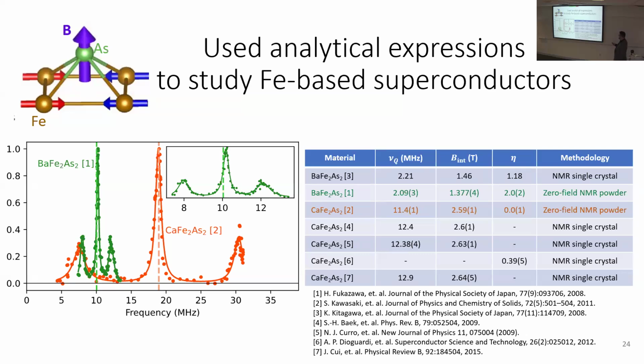You can do it with high field NMR with an externally applied magnetic field, but it complicates matters a little bit. You have to find the transition frequencies as a function of the rotation angle of the crystal with respect to that external magnetic field. Looking at these green curves, I have no idea what eta or VQ is.